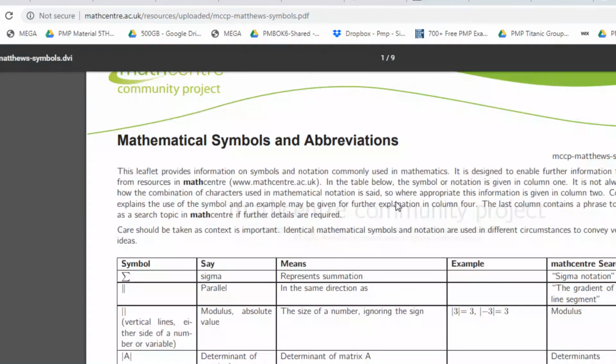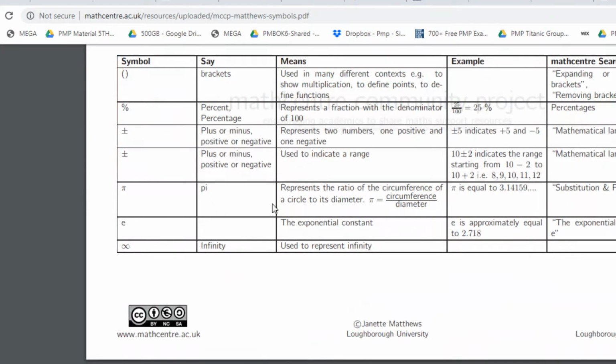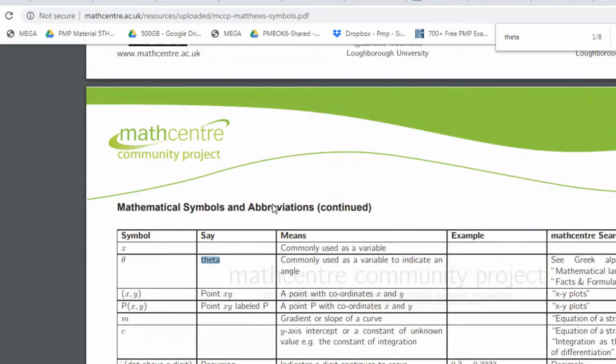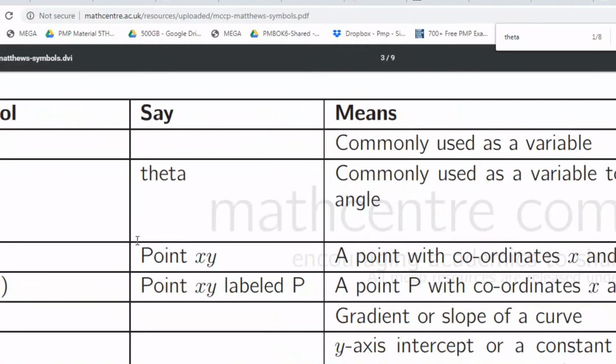So let's see, sigma, parallel and theta, sigma, determinant of matrix A. Okay, let's find out about theta. So theta is like a zero with a line, not a straight line, but between those two lines like this. Let me just bring it a little bit closer to you.